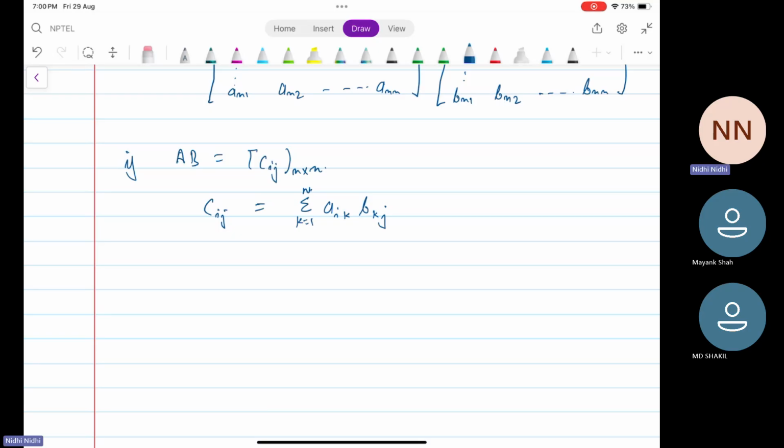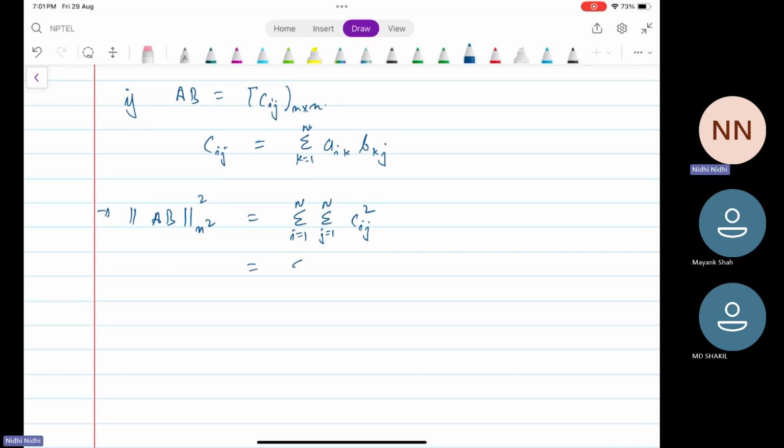Now we need to find the norm on the matrix. So the matrix AB in R^{n×n}, squared norm of AB, is equal to the sum over i as well as j of Cij squared.